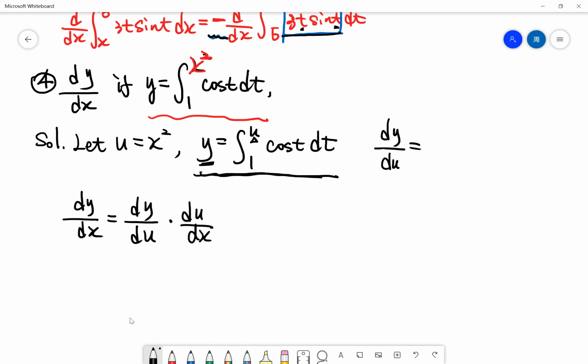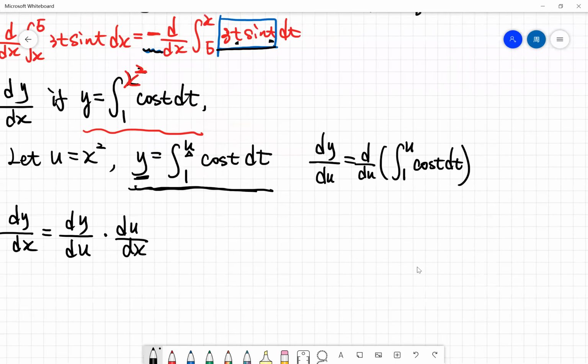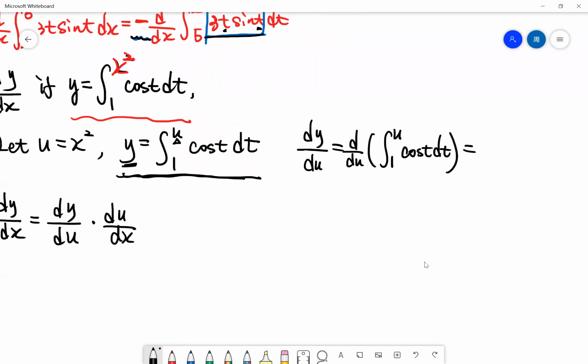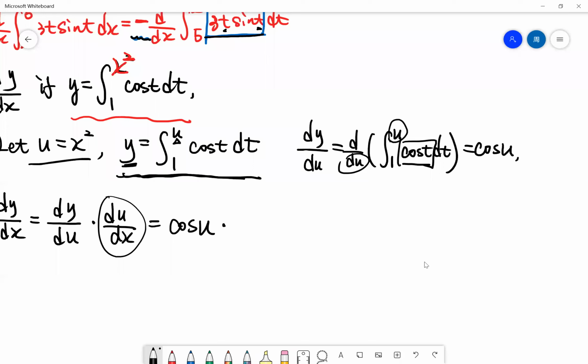dy/du equals, we can substitute y, the integral from 1 to u of cosine t dt, right? And that equals, first we find the integrand, and then change t to the variable u, so that is cosine u. So the first part equals cosine u, and then times du/dx, and u equals x squared, right?